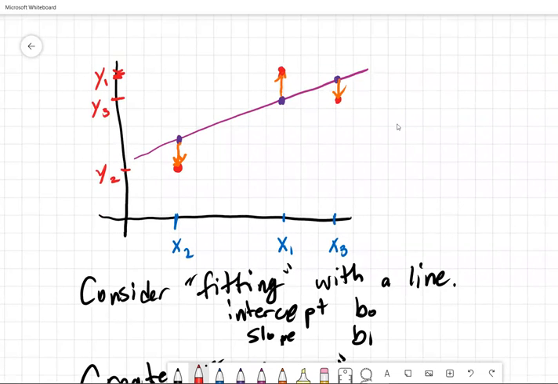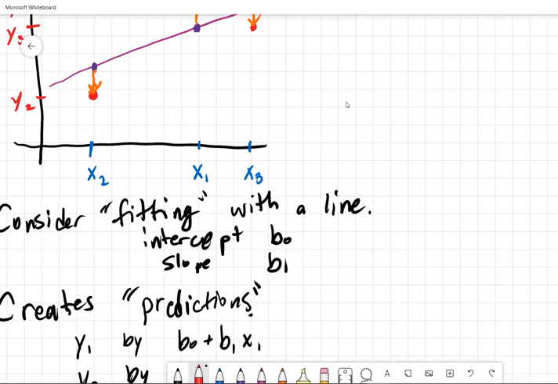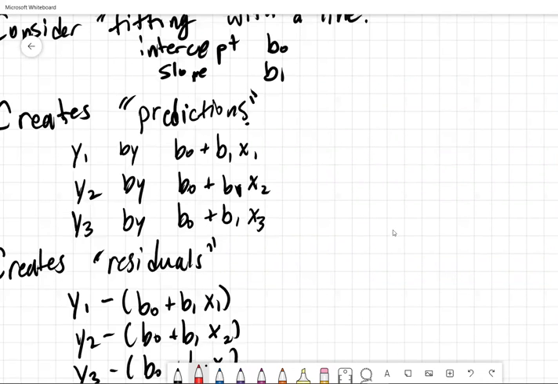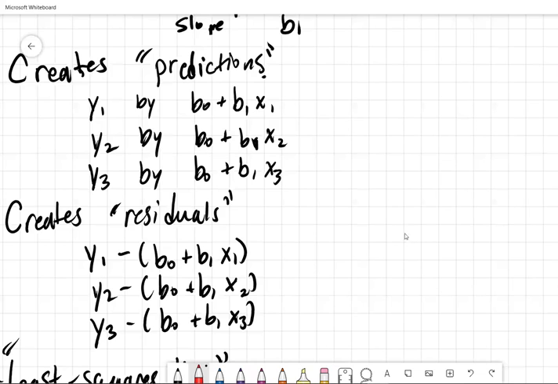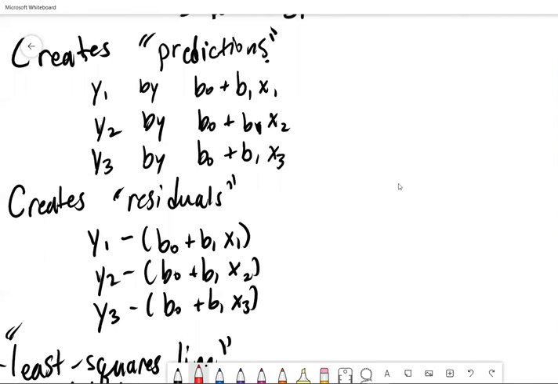But I want to introduce in this course and starting today an alternative way of thinking about your data. So let's see. We're creating predictions. We predicted each observation separately. Y1 by its x value evaluated at the line, y2 by its x value evaluated on the line, y3 by its x value evaluated on the line.